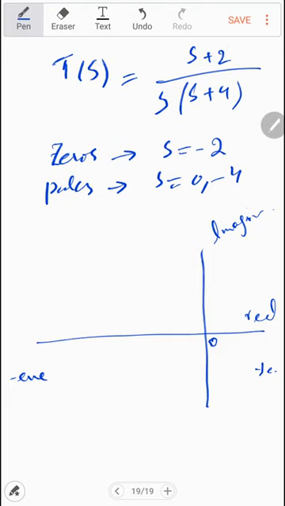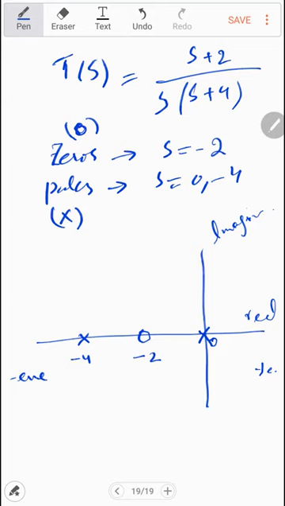Poles are represented with a cross, and zeros are represented with this O. So we have one pole over here, and another pole at minus 4. So we have two poles. Similarly, we have one zero, and the zero is at minus 2. I hope this is clear to you.